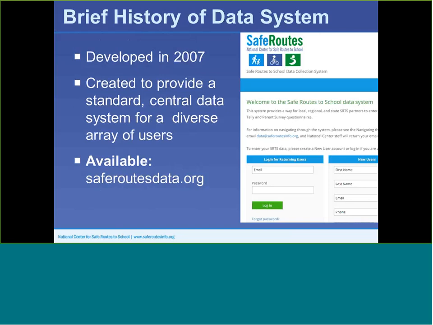The brief scoop on the data system is that it was developed in early 2007. As background, the National Center for Safe Routes to School was created as part of the transportation legislation, and we were established at the UNC Highway Safety Research Center in October of 2006.